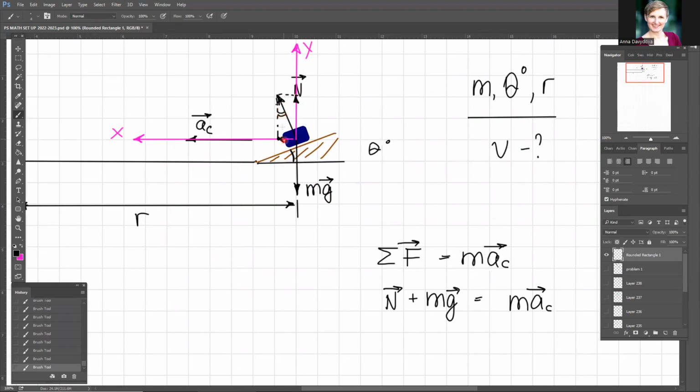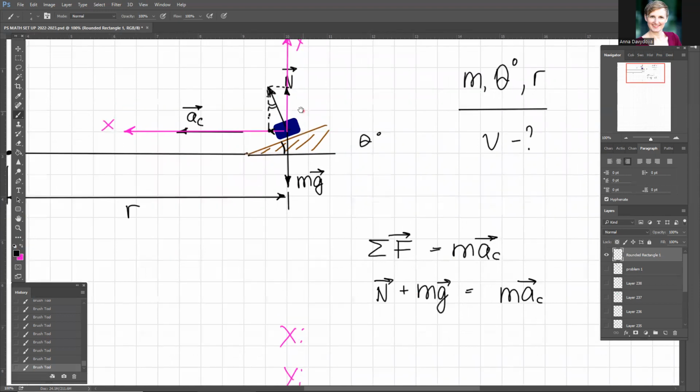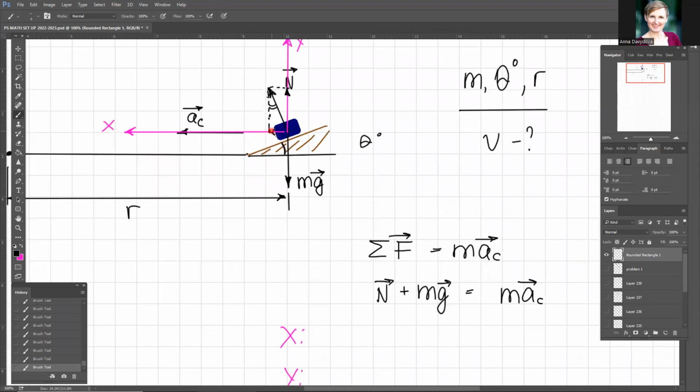It can be proven, but judging by the looks of it, angle theta is the smaller angle. So when I write components for X, normal force will be N sine theta.